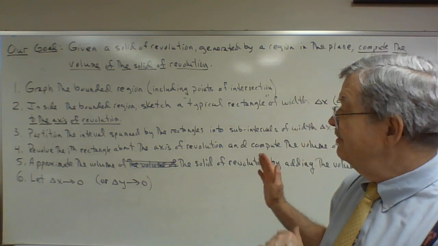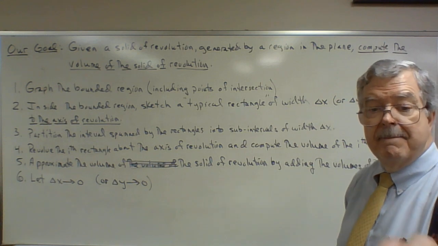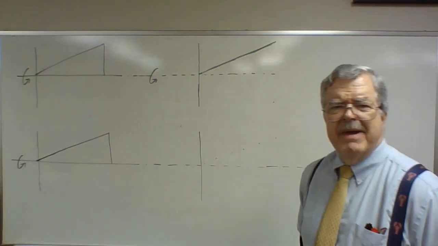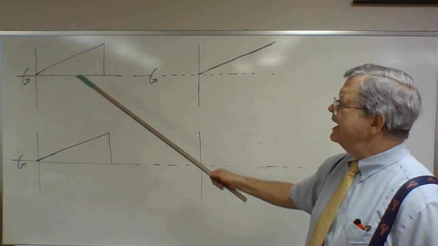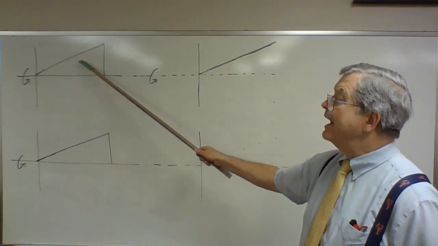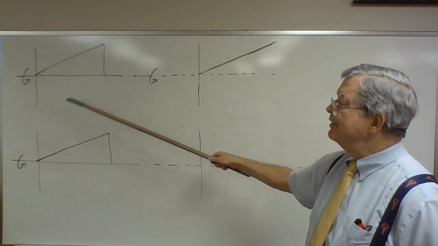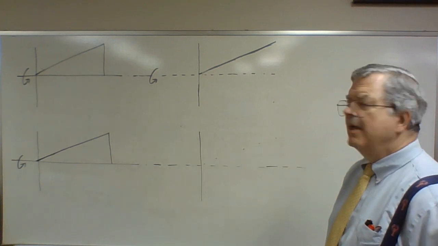Let's look at this visually now that we have an outline. Let's refer back to the example where we have a triangle sitting right on the x-axis, and we revolve it about the x-axis.